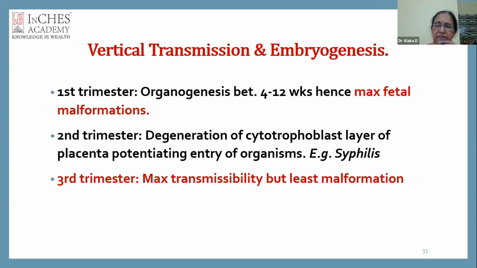Therefore, we have to be very, very cautious when using any drugs in the first trimester because of the organogenesis. Second trimester, degeneration of the cytotrophoblast layer of the placenta, potentiating entry of organisms like syphilis. But now syphilis has almost become obsolete.